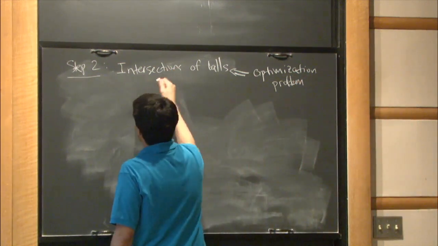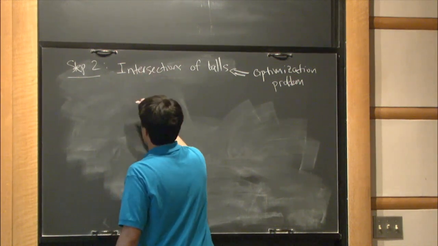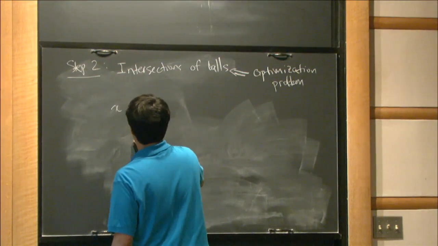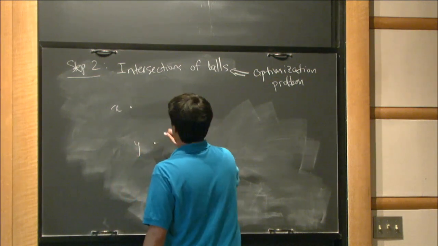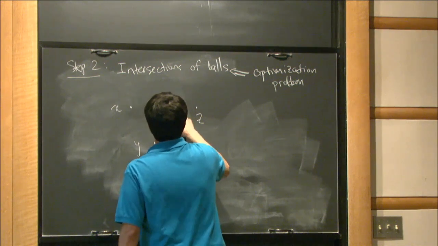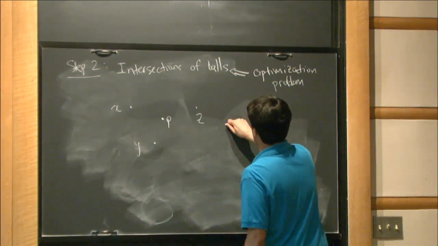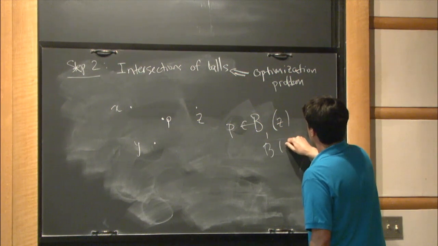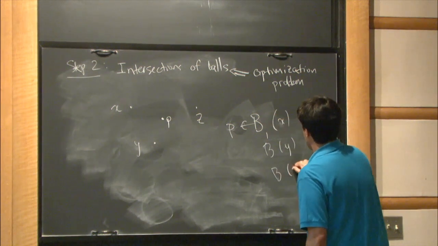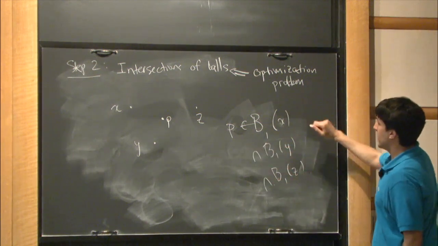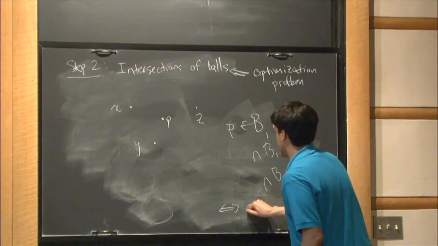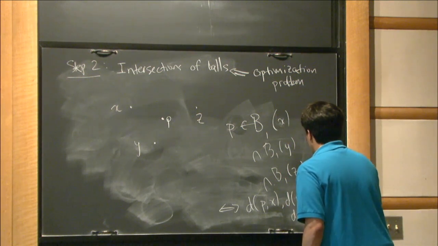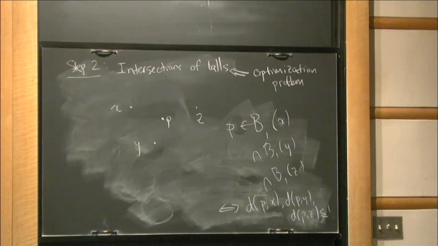So say you have the points x, y, and z, and a point P. P lies in the intersection of the balls of radius 1 centered at x, y, and z exactly when, and this is just the definition, the distance from P to x, the distance from P to y, and the distance from P to z are all less than or equal to 1.